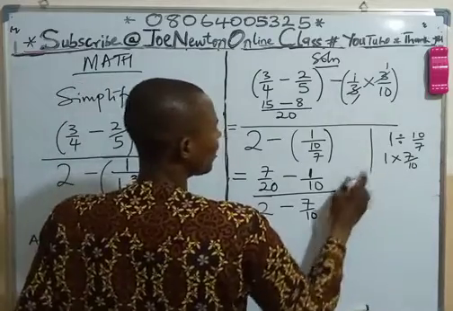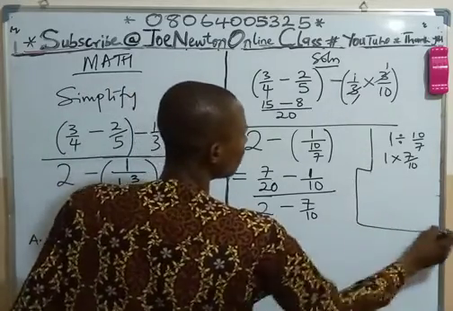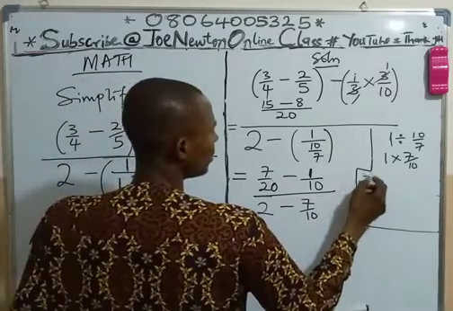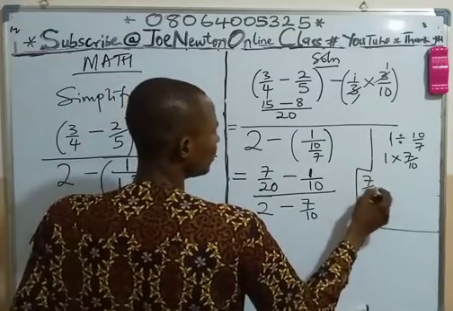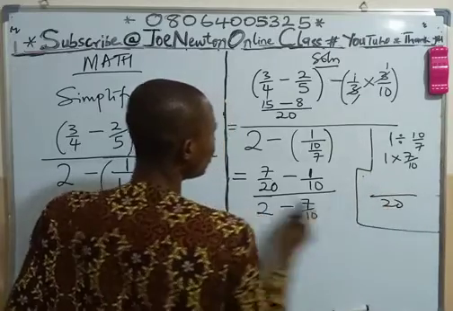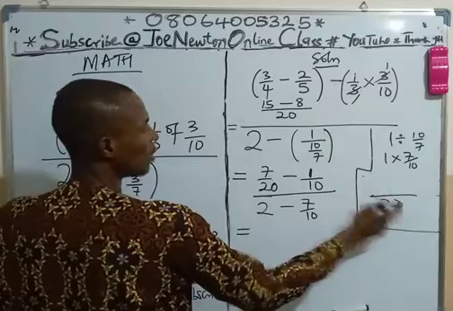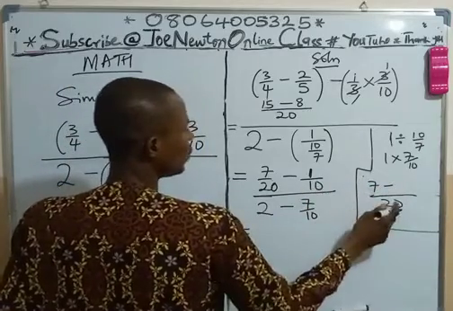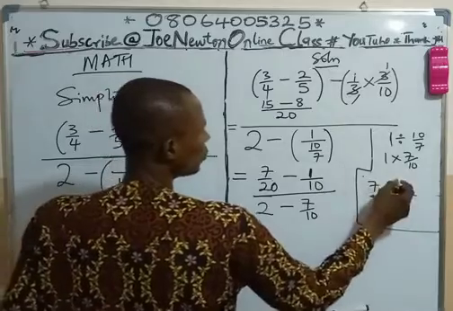Now let's take it by the side here. This will give us 7 over 10 minus 1 over 10. The LCM is 20. So 20 divided by 20 is 1. 1 times 7 is 7, minus 10 divided into 20 is 2, 2 times 1, 2.